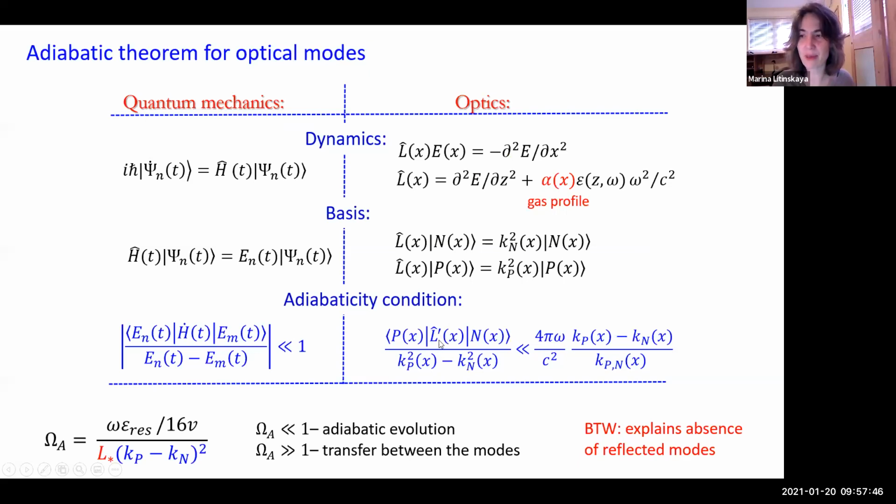So this is the matrix element of our Maxwell equation operator over the eigenstates of the system. And the distance between the modes should be small as compared to this matrix element. Okay, thank you. Yeah, it's similar to what we have here.